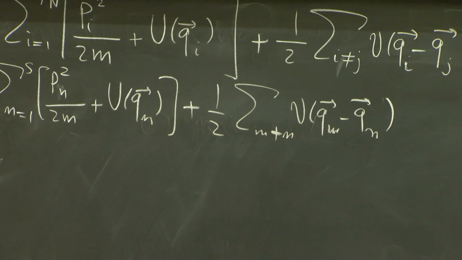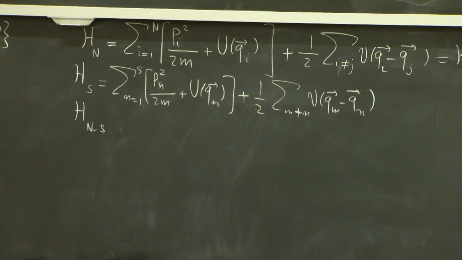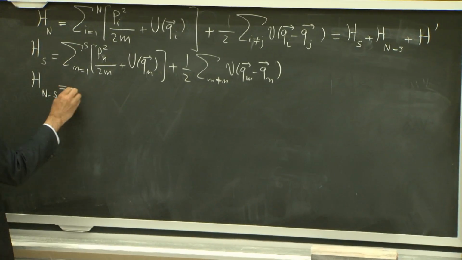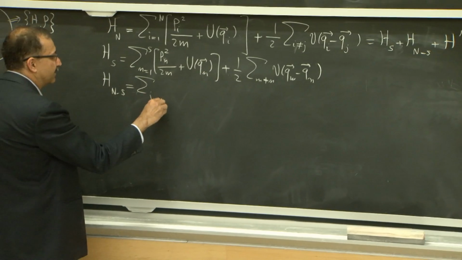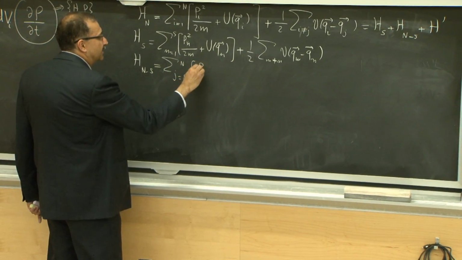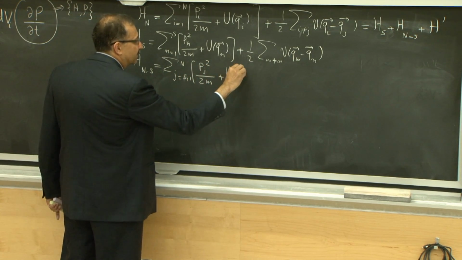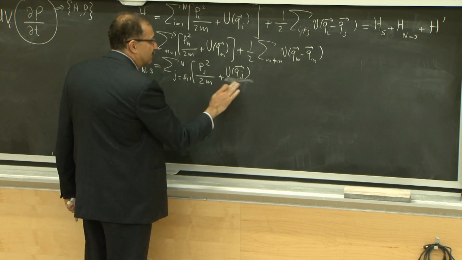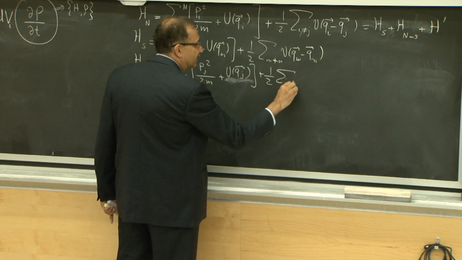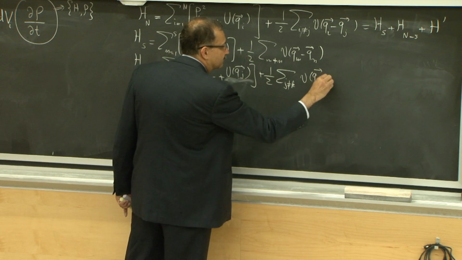And I can similarly write something that pertains to coordinates that I am integrating over. I will label them by j and k. So this is the sum from s plus 1 to N of p_j squared over 2m plus U of q_j plus 1/2 sum over j and k of V of q_j minus q_k.